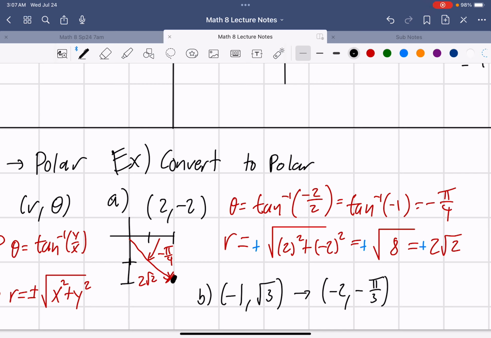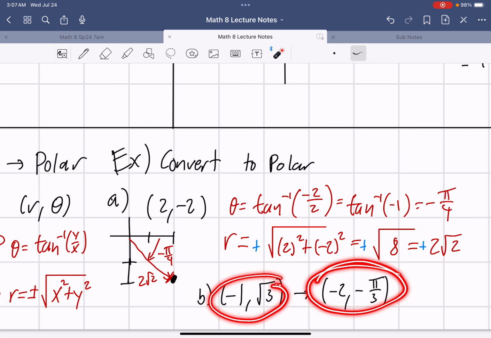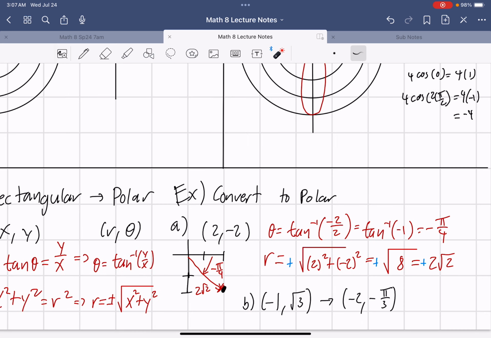So again, it's just because this ordered pair, negative 1, square root of 3, is in quadrant 2. Your theta is going to either be in quadrant 1 or 4. But the only way to get into quadrant 2 is you need to choose a negative r. But try converting this point. Here is the answer and test it out.